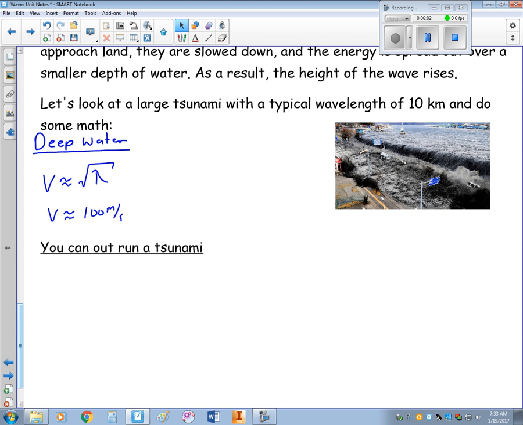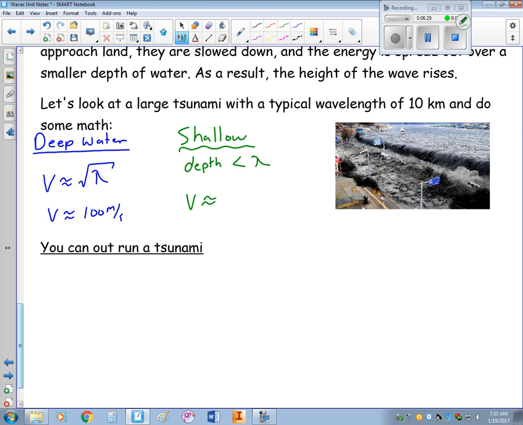Once it reaches shallow water, and what I mean by shallow water is that the depth is less than the wavelength, so when the depth of the water becomes less than 10,000 meters, the velocity is approximately equal to pi times the square root of the depth.